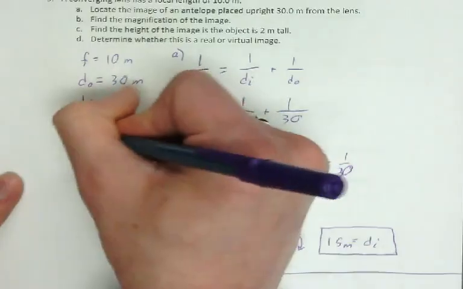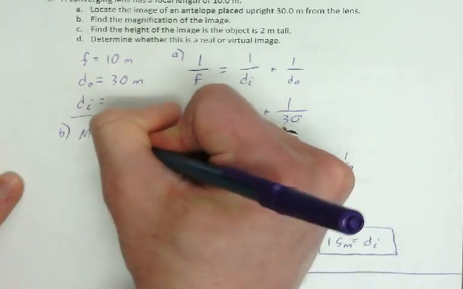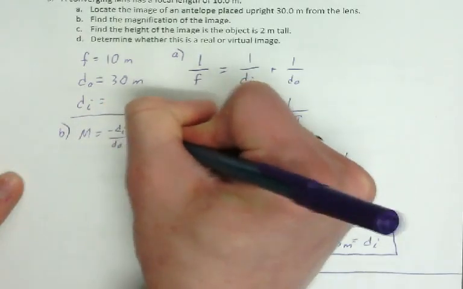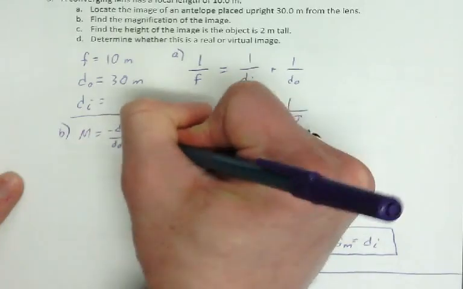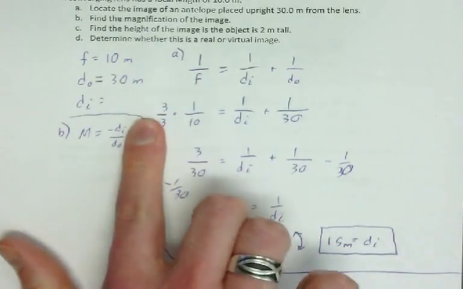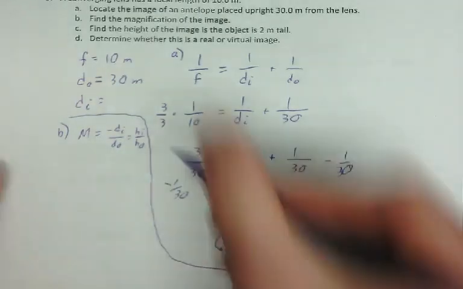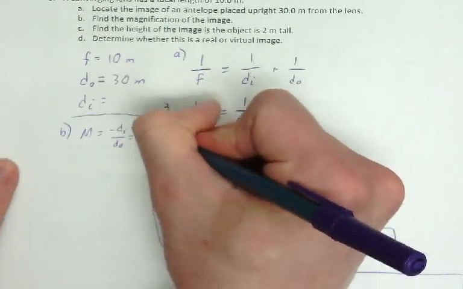B, find the magnification. Okay, magnification equals negative DI over DO equals HI over HO. So this confuses people because they're like, well, what do I do with two equal signs? But ignore the one you don't know anything about. I don't know anything about the heights. Just ignore it. So it's M equals negative DI over DO.